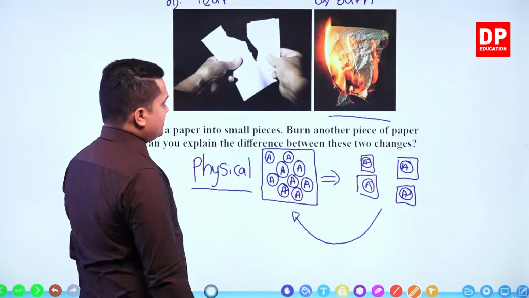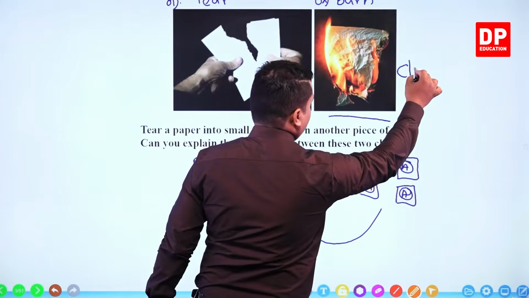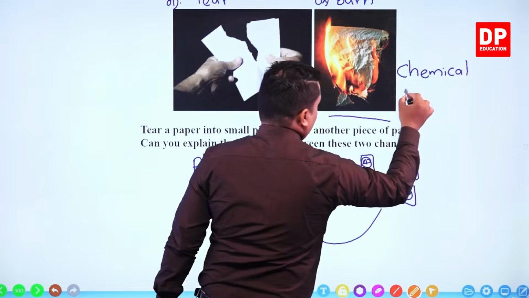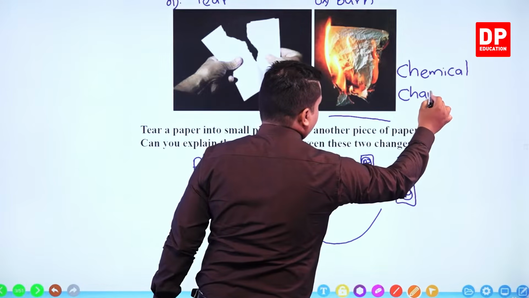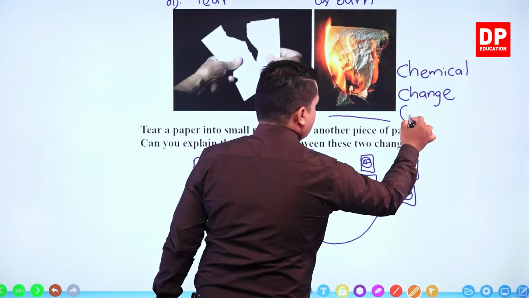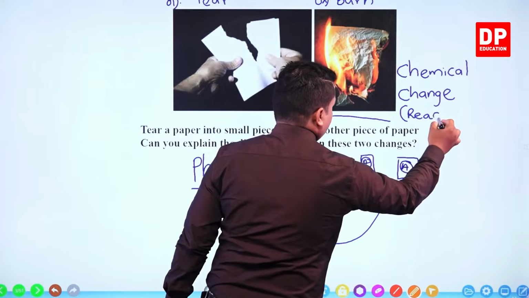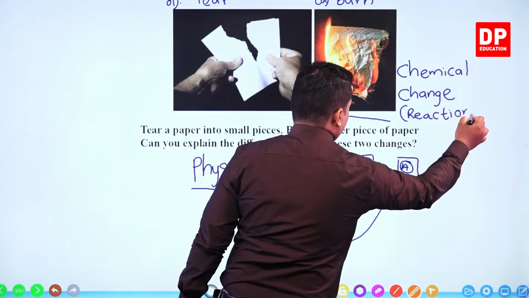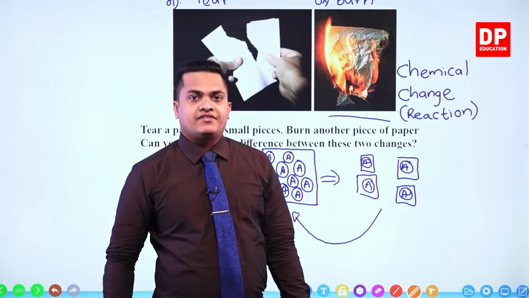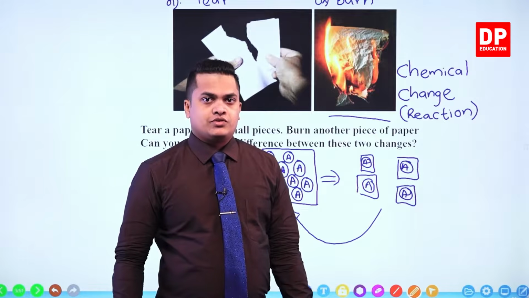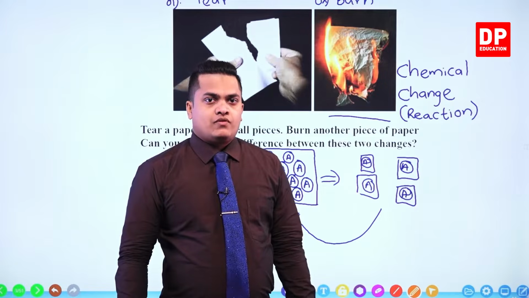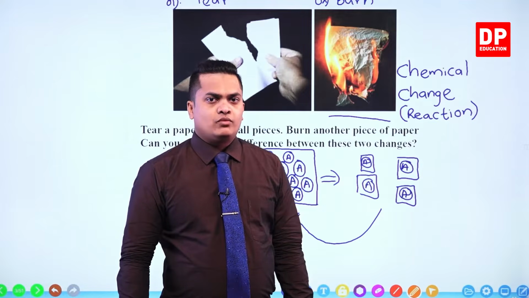So the second change is called, I'll write it in here, chemical change, or else a chemical reaction. Especially chemical changes are referred to as chemical reactions also, right? So these are the two main types of changes that can happen to matter.